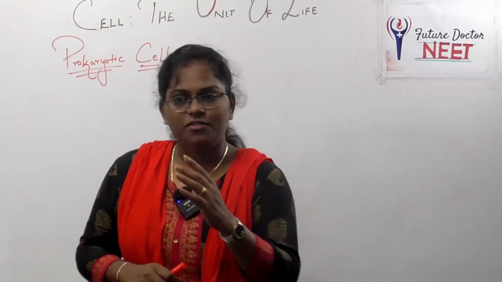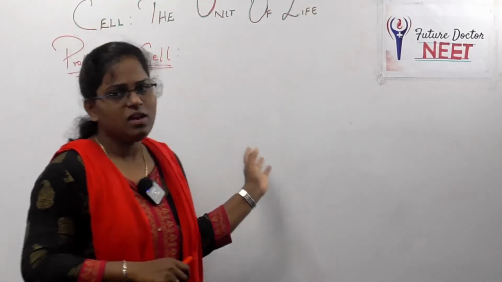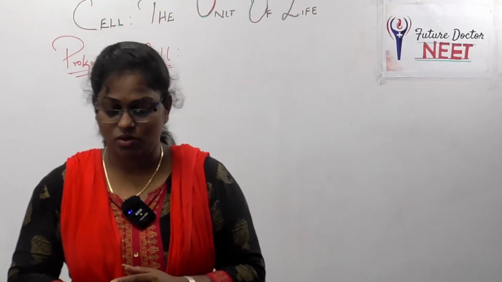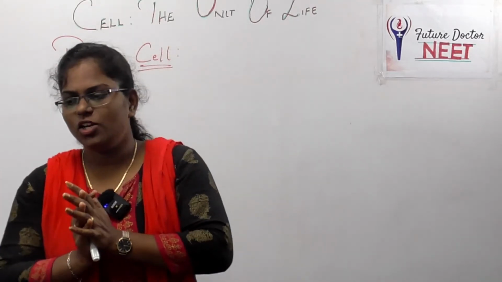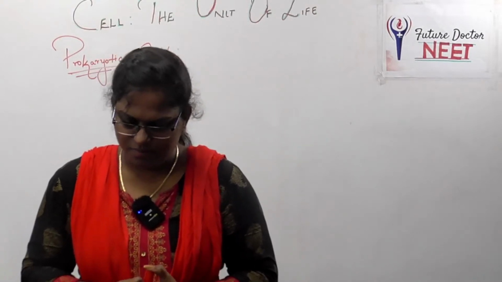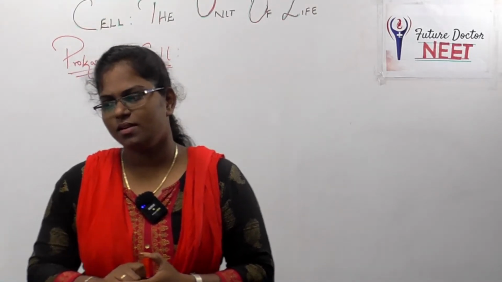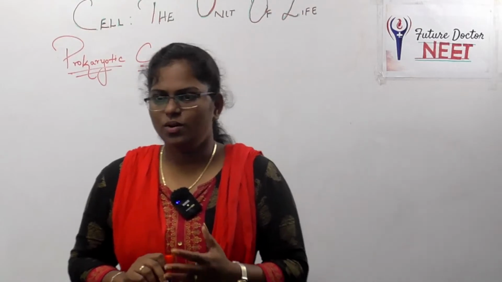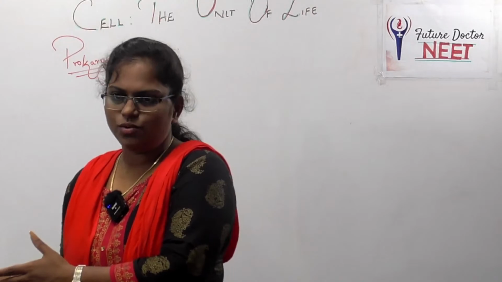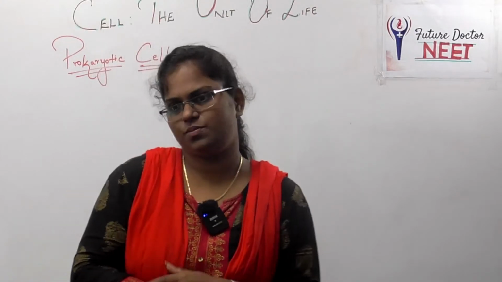For disc-like, we have the example of RBC we have shown. So like that, what is a prokaryotic cell? Prokaryotes means what? Eukaryotic has a true nucleus. This is the absence of nucleus, prokaryotes, right?